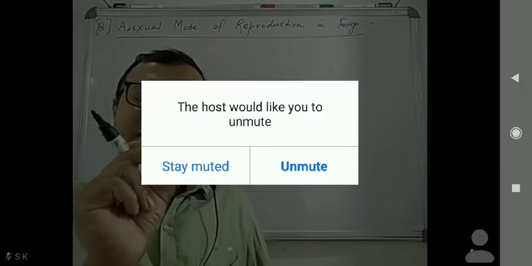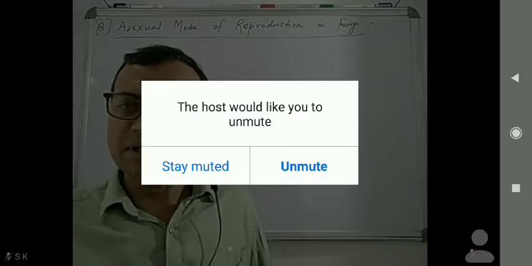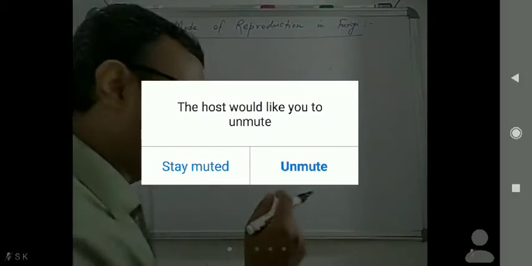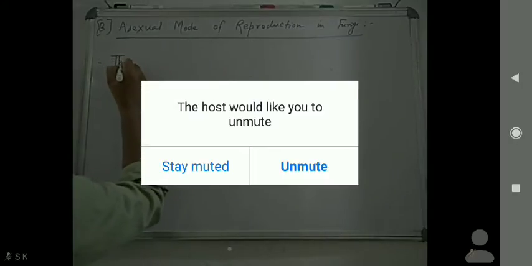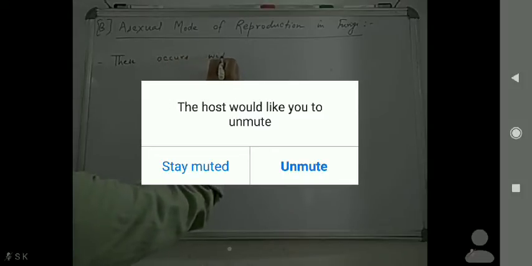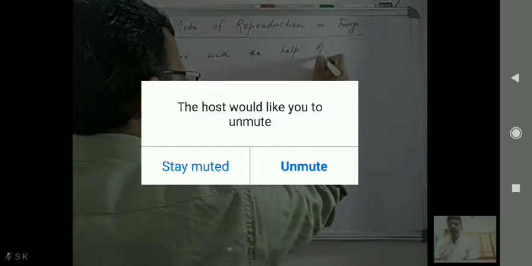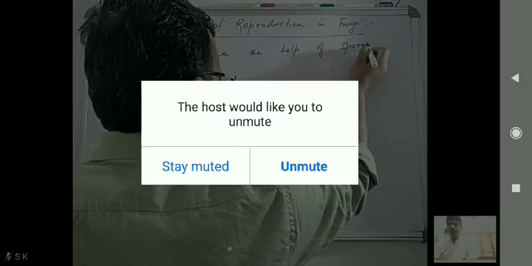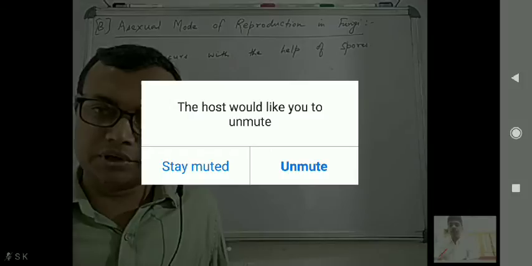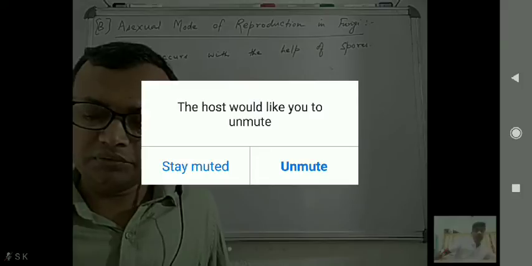A one-celled structure, the spore, forms, which further develops into a new mycelium and then produces new fungi. This is the common mode: asexual reproduction in fungi takes place by the help of spores.